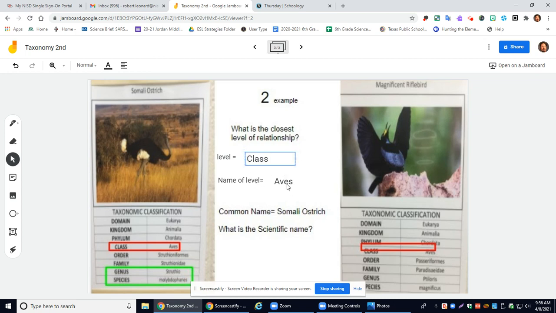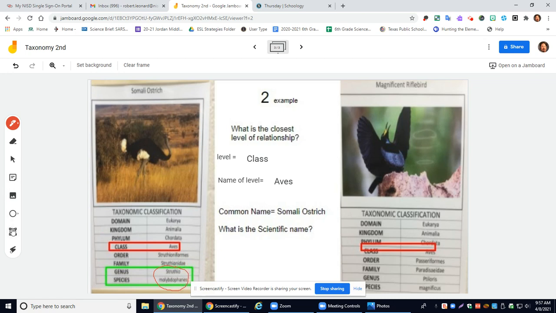Okay? The common name is Samoyed ostrich. What is the scientific name? The scientific name, and I'm having a real hard time reading this. What's happened is every year I make a new copy, and it's getting worse and worse. Somehow I need to go back and find my original copy because I actually made this by hand, which took hours.